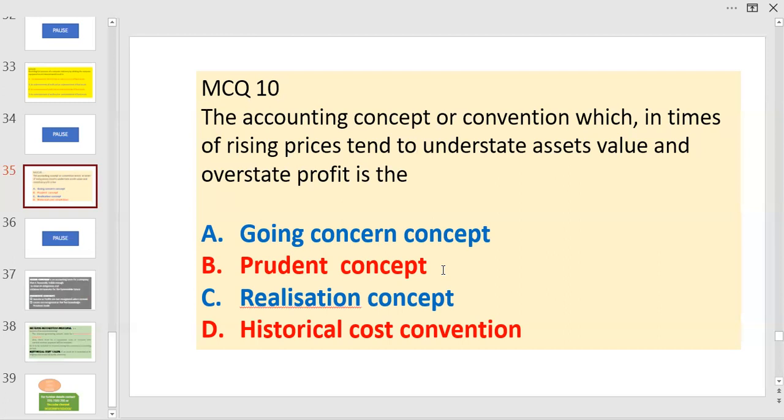So this is nothing to do with that. Realization concept, here we don't have anything to realize. We are only talking about a rising price situation. Then it is based on the historical convention. Now, every time the prices rise, we don't increase the value of the stock, what we actually pay. What we actually pay will remain in the account. That is why it is called historical cost convention.